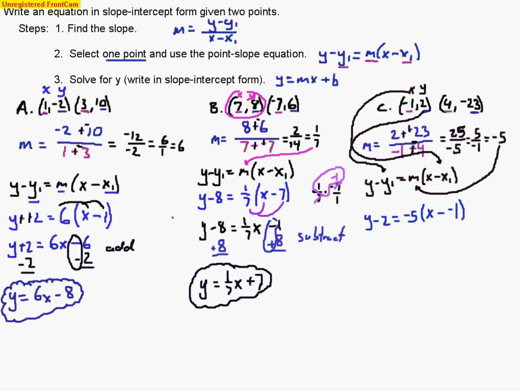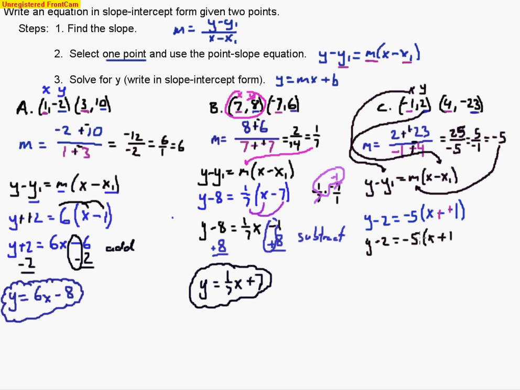Add the opposite. When we add the opposite, we'll eliminate those subtraction signs there. So minusing negatives, same thing as adding positives. So now we can rewrite the problem as y minus 2 equals -5 times x plus 1.